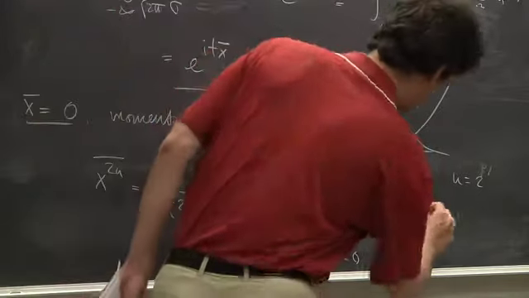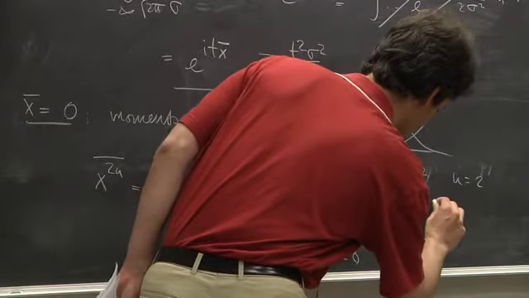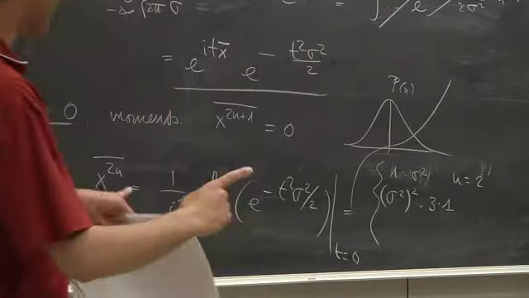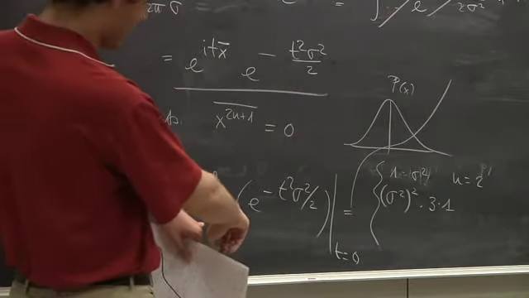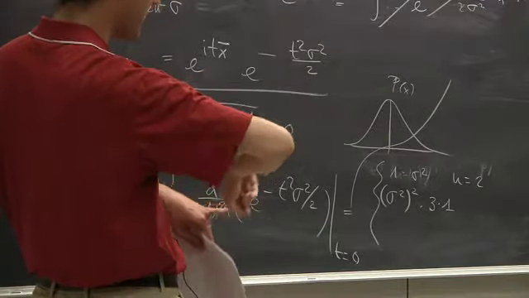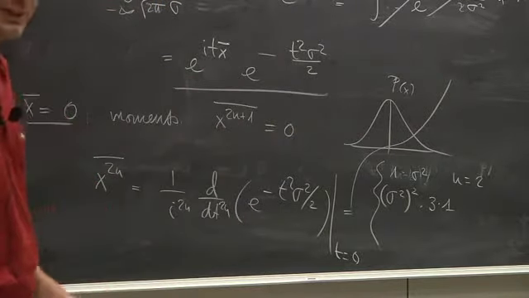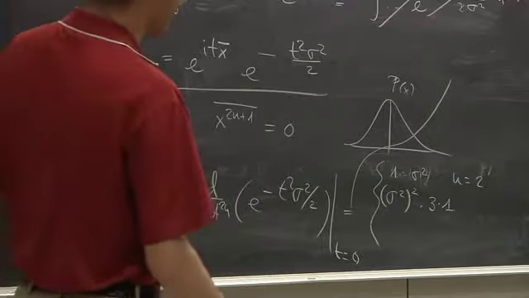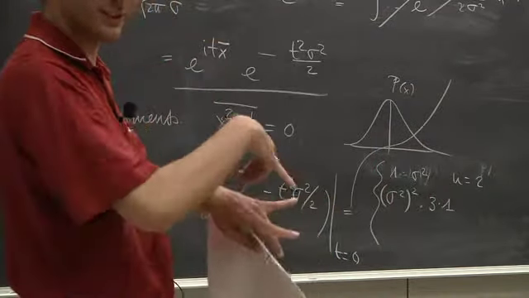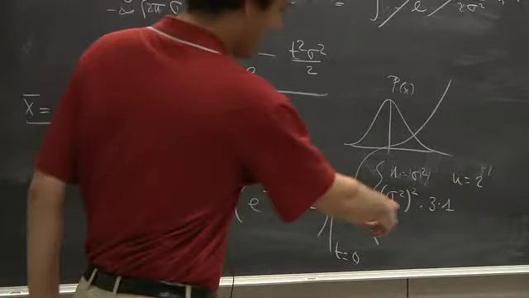And then I get the combinatorial factor, which is the number of combinations that I can take to pair derivatives that act on the exponent and derivatives that act on the prefactor, right? This is the number of pairings of 4 objects into pairs, and that's 3.